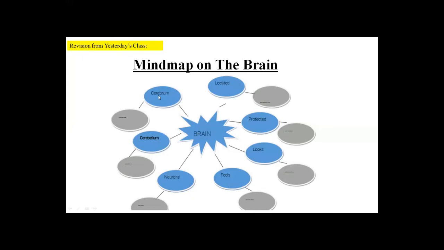What is the cerebrum? The cerebrum is the topmost part of the brain. It is divided vertically into two halves. It controls voluntary actions of our body. Voluntary action means the actions we control. Do you remember the examples?